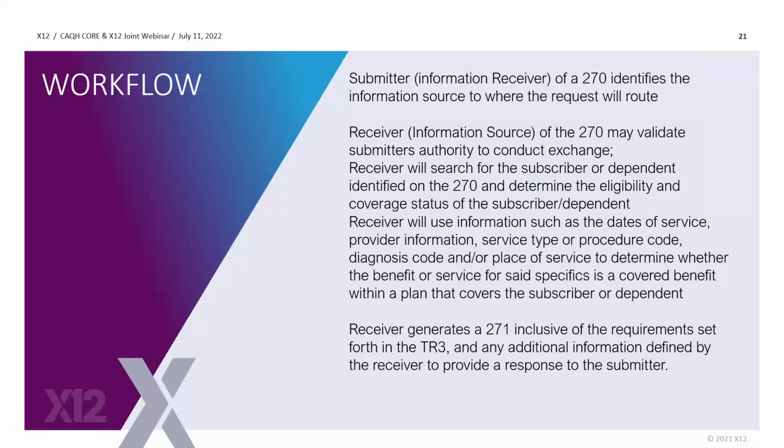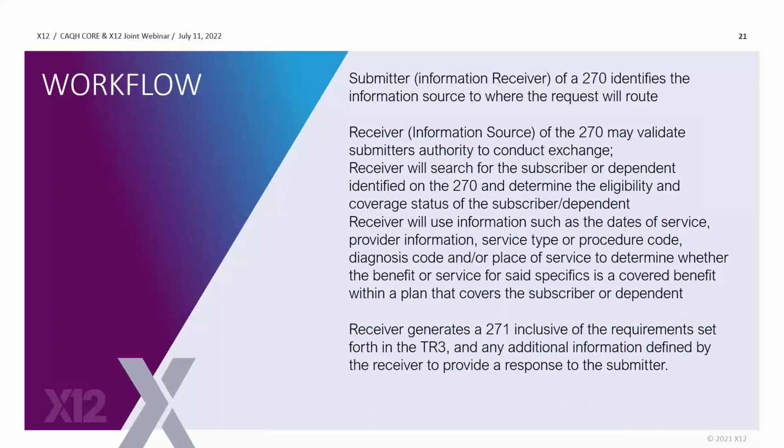If there's any diagnosis information that they support and/or place of service information, they'll use that information to generate what response they want to return on the 271, and then may include that same information to help tailor that response to that information receiver or that provider that submitted the 270.